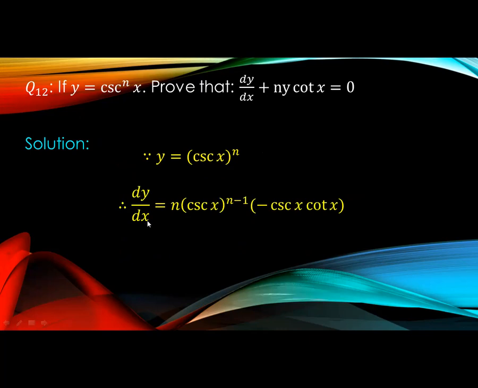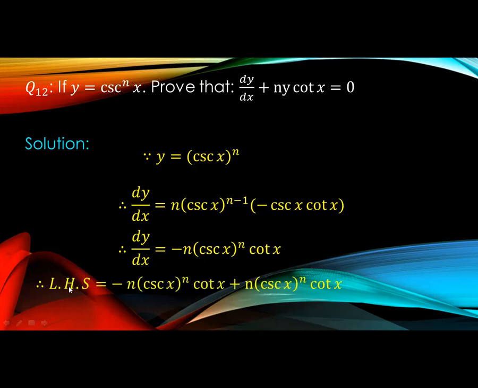So dy by dx equals n times cosec to the power n minus 1 times negative cosec x cotan x. dy by dx equals negative n times cosec to the power n minus 1, which with the extra cosec x is cosec to the power n, times cotan x.